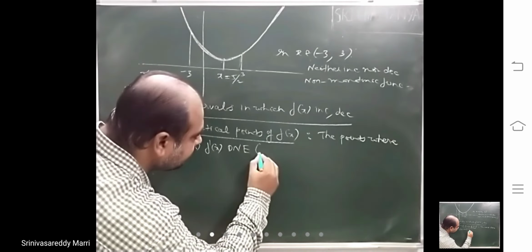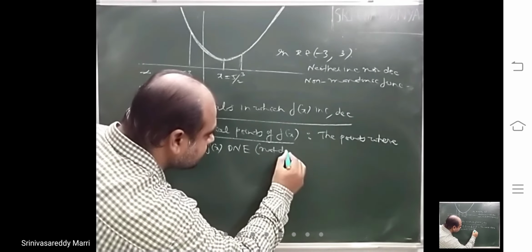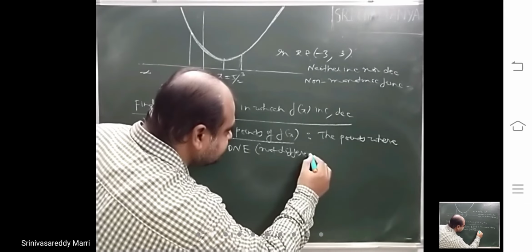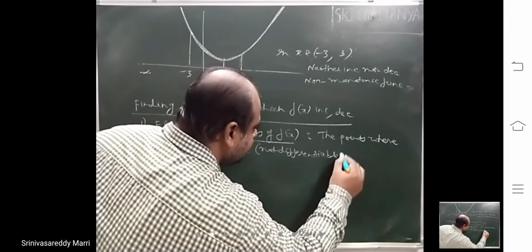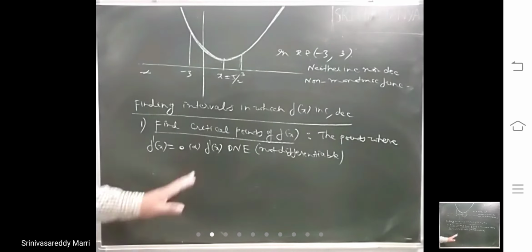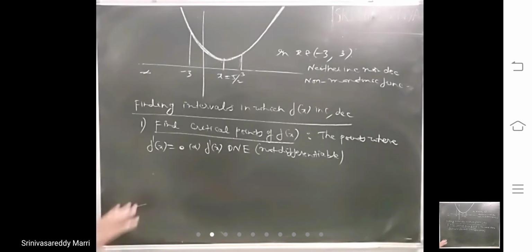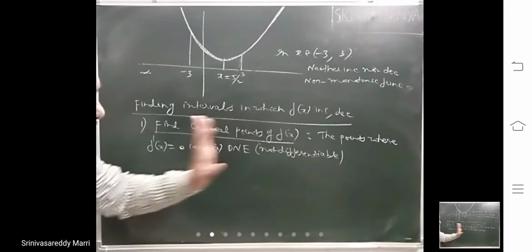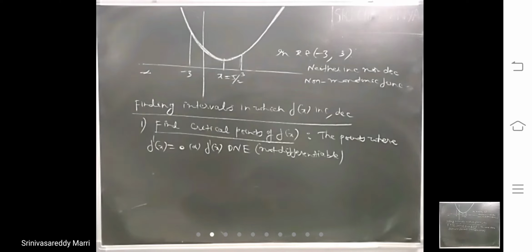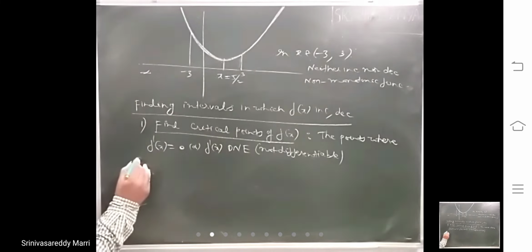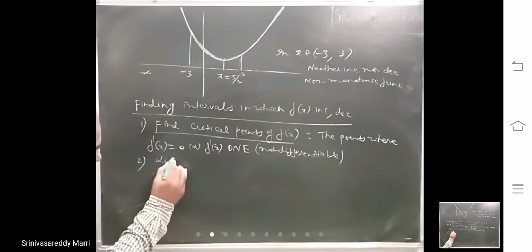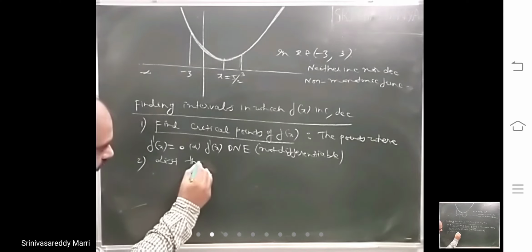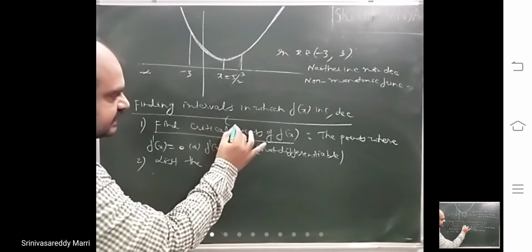That means not differentiable. These are the points at which it is not differentiable. We know where it is not differentiable from the previous chapter. That means the points where f dash x equals 0 or f dash x does not exist are called critical points of f of x. Those points for f of x you have to find out. Then second, list the critical points.